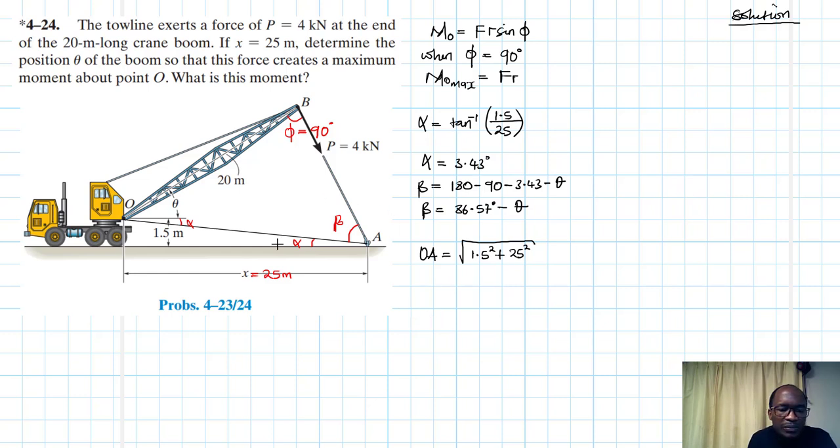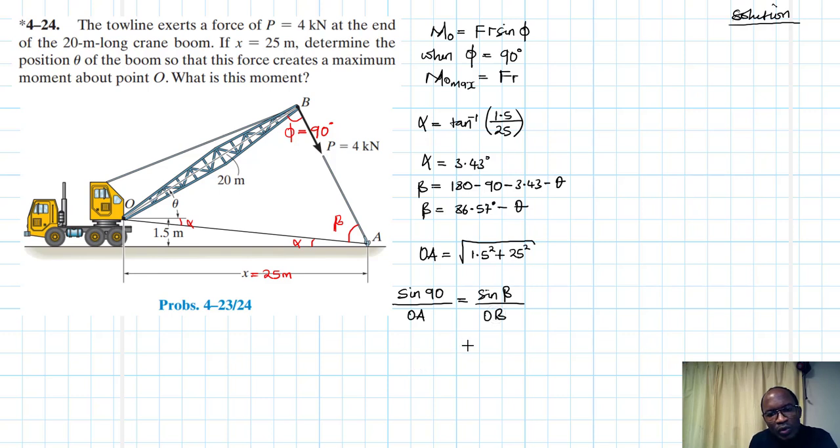Let's use the sine rule to find theta, so that the force creates a maximum moment about point O, and later on calculate the moment, which is quite direct. So using the sine rule, we'll say sine 90, or sine phi, divided by the length OA is equal to sine beta divided by the length OB.